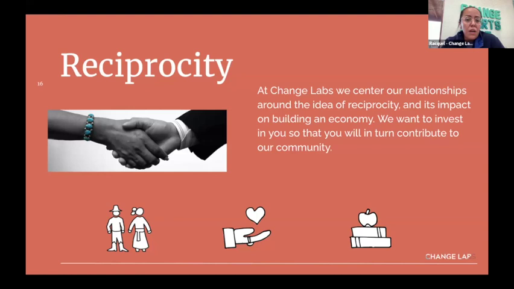And at Change Labs, our relationships revolve around the principle of reciprocity. We literally have it as names in our program, such as kinship lending and its influence on shaping the economy. And our aim to invest in you has the expectation that you in turn will contribute to our economy as well.